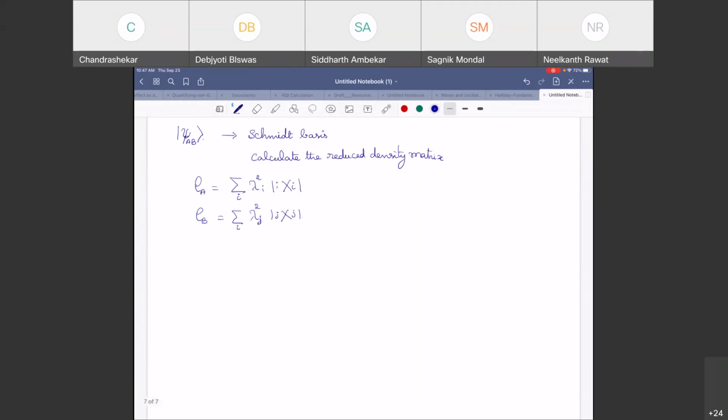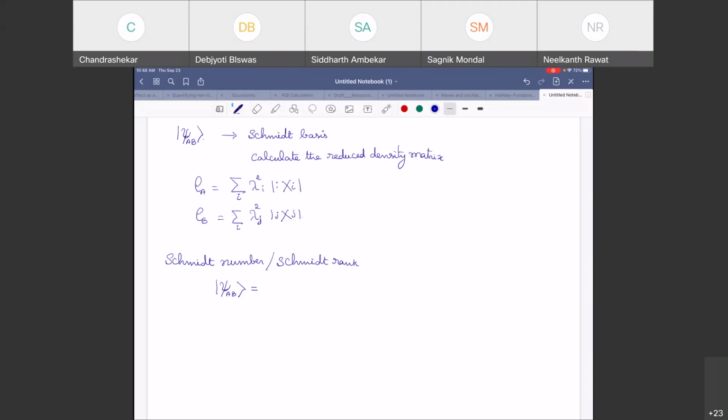Okay, so here we have to define what is called the Schmidt number or Schmidt rank. Let's say you have a state psi AB.